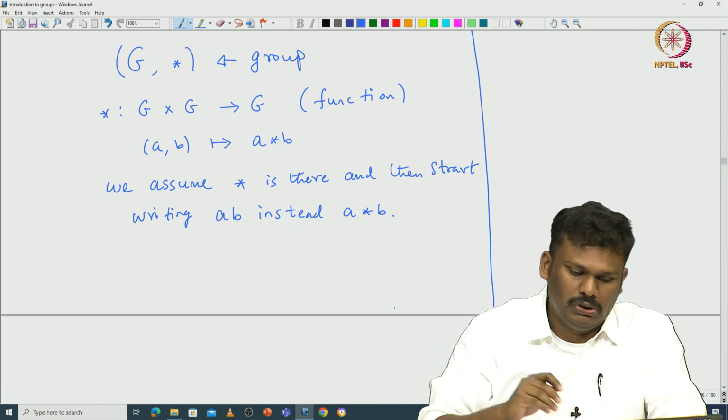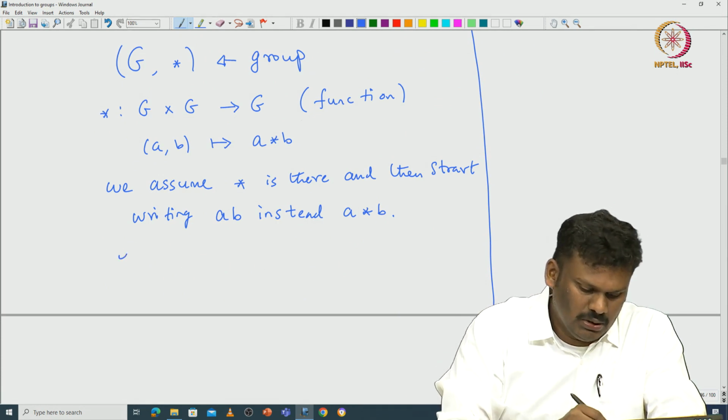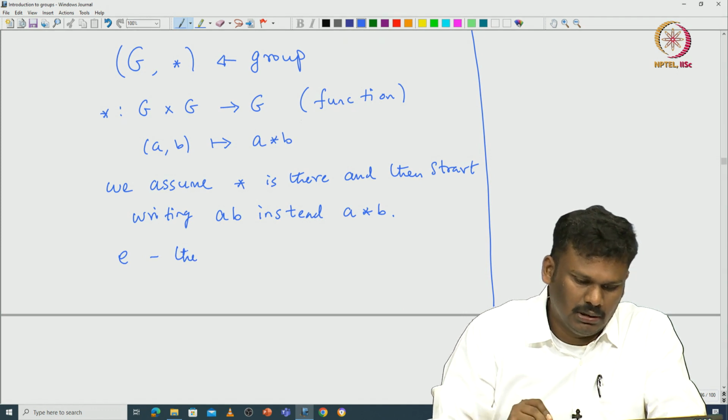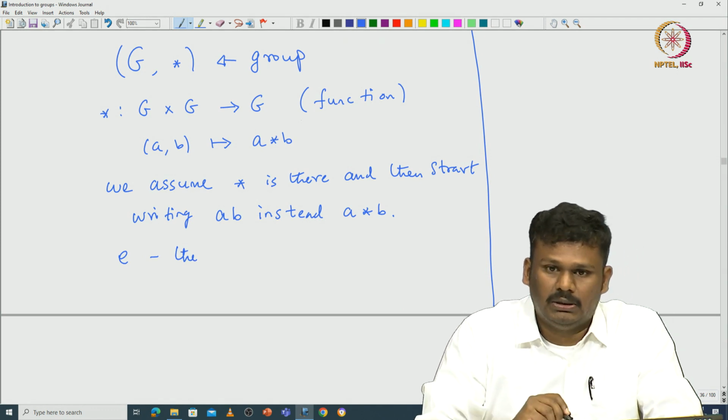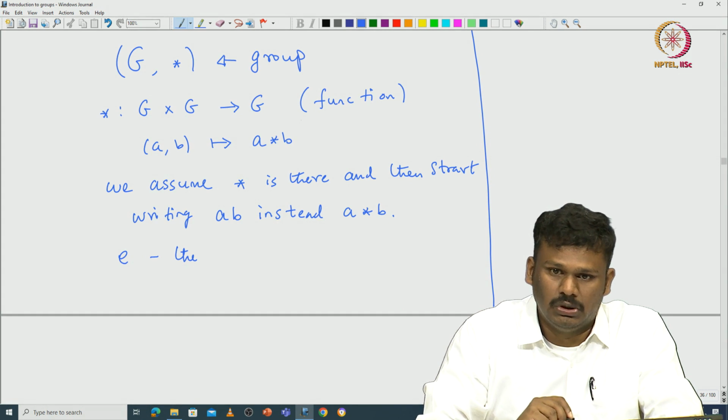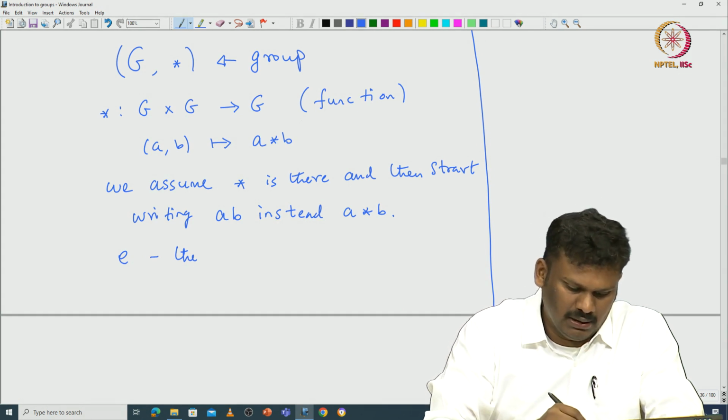And I also want to introduce some notation. So we denote E by the identity element, okay. So I already told you the identity element is unique.